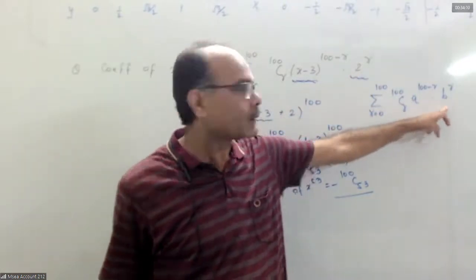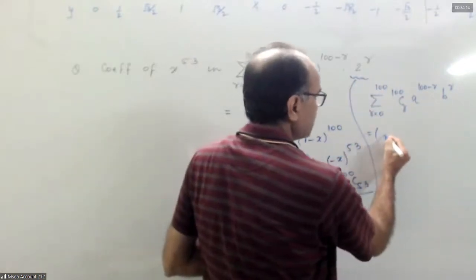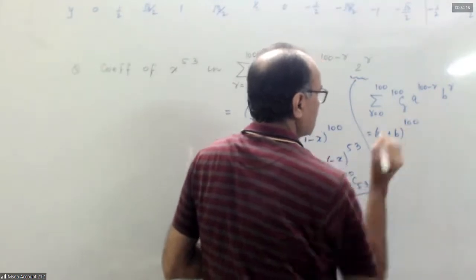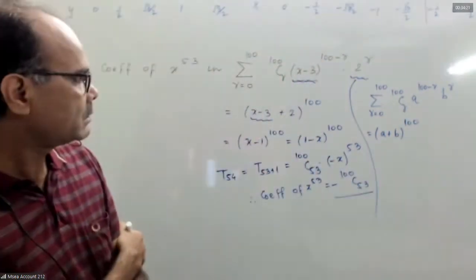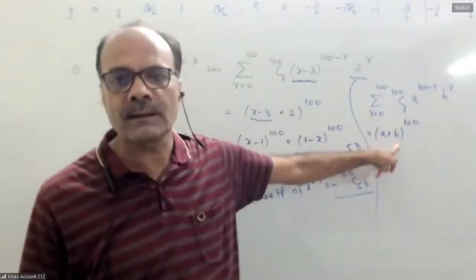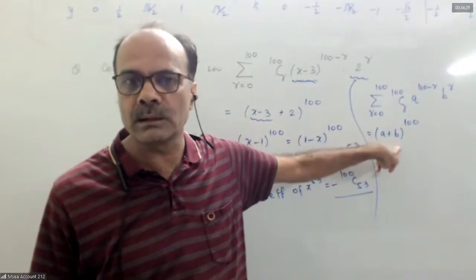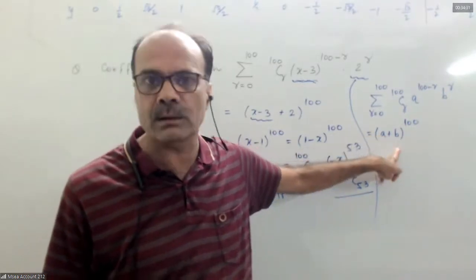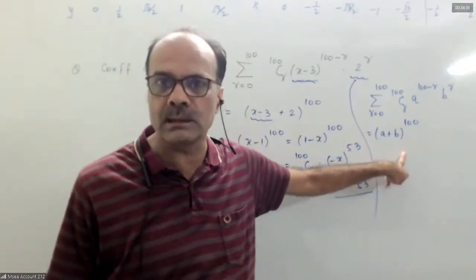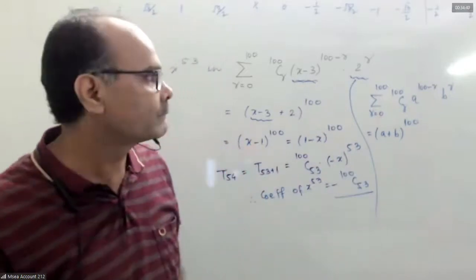Visible, sir. So finally, now what can we write? This is (A plus B) to the power 100. How, sir? If you expand it binomially, what will we get? 100C0 A to the power 100 plus 100C1 A to the power 99 into B. Yes, sir. Understood. Got it.